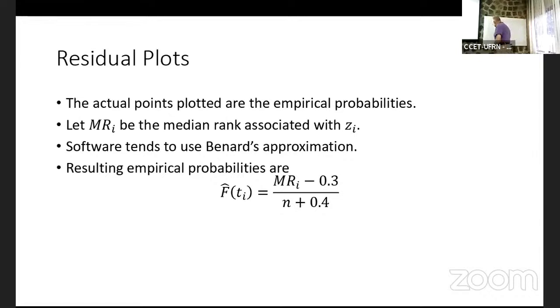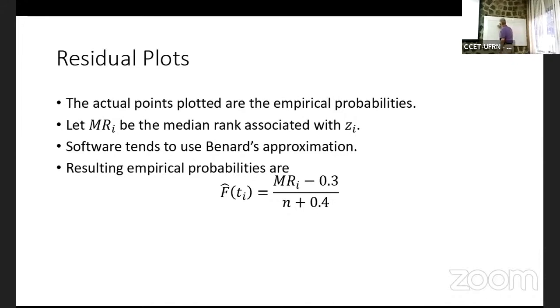Now, this is what becomes interesting. Let's think about a Weibull plot of the residuals. So I'm looking at the scaled residuals. So I'm going to have the scaled residuals here.